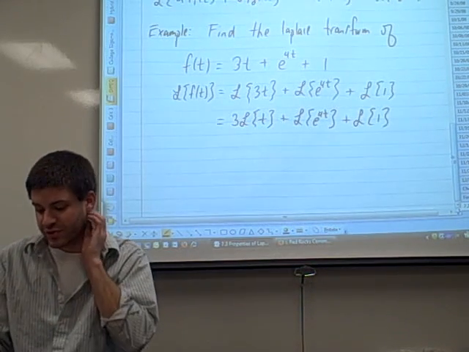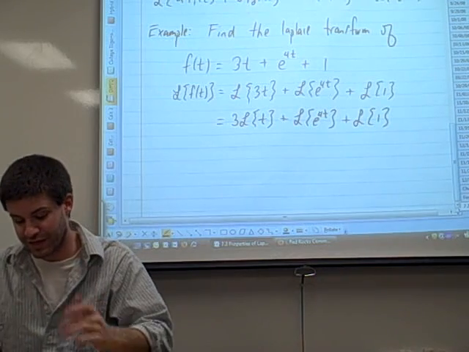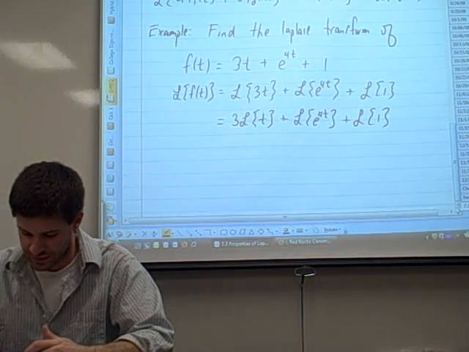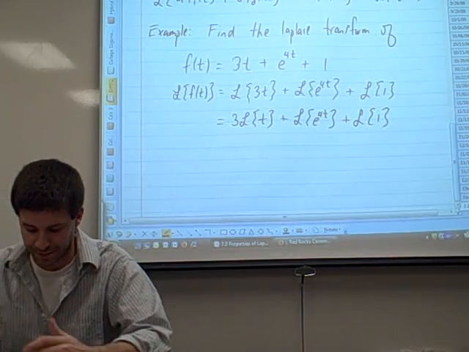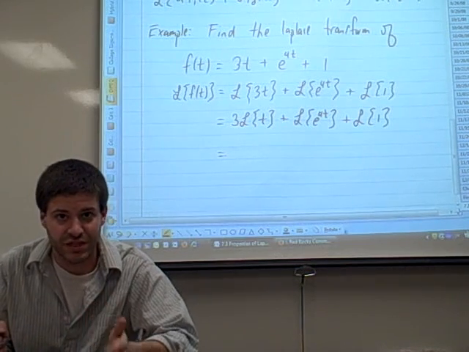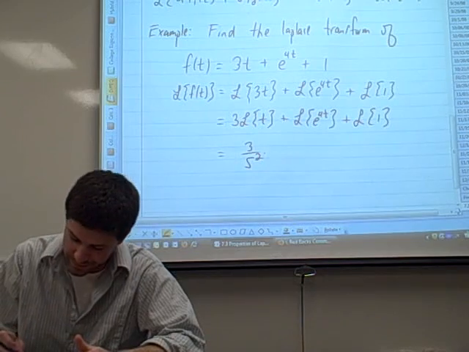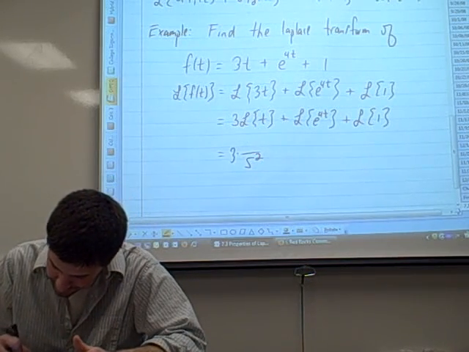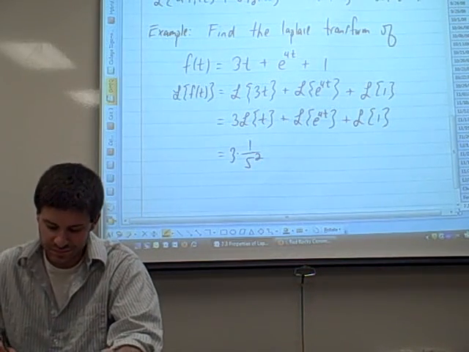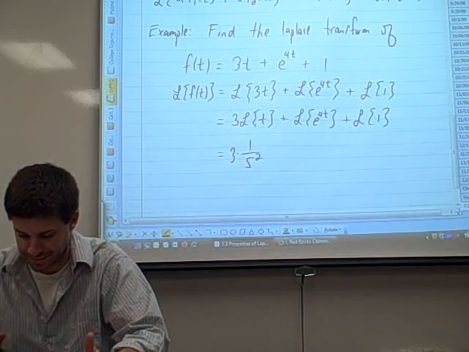So if we want to take the Laplace transform of that function, which is 3 terms, we just take the Laplace transform of each part. Laplace transform of t, we found it in the previous video. It's 1 over s squared. So I'll write it like this. Of course, that just becomes 3 over s squared.